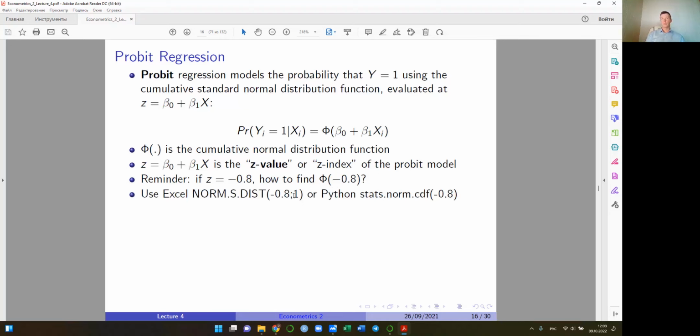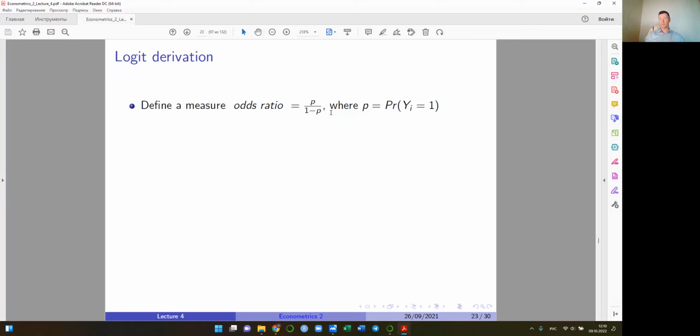So suppose that p is 75%, and this is the probability that a person's application is going to be rejected. The complementary probability is 25%. When you divide 75 by 25, you get 3 to 1. We usually say there is a 3 to 1 chance that your application is going to be rejected.